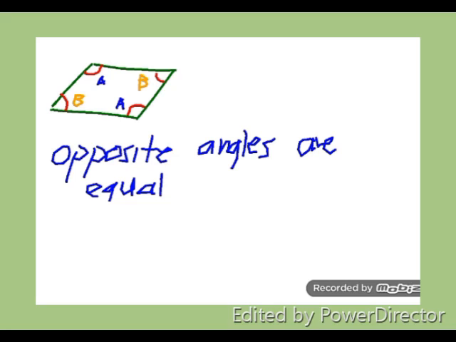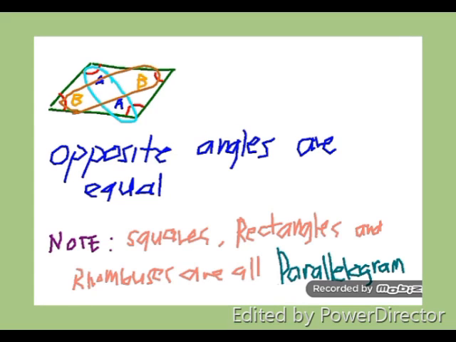The opposite angles are equal. The opposite angles are angles A and angles B. Take note, squares, rectangles, and rhombus are all parallelogram.